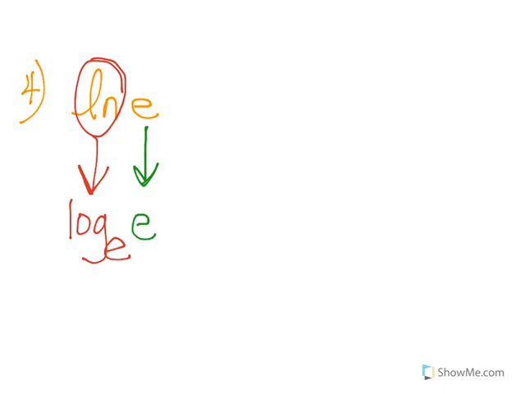The ln symbolism stands for log base e, where e is another irrational constant, very similar to pi, although it has a value a little bit smaller than pi. Pi is 3.14, etc., and e is roughly 2.7. So ln represents log with this very special base of e.